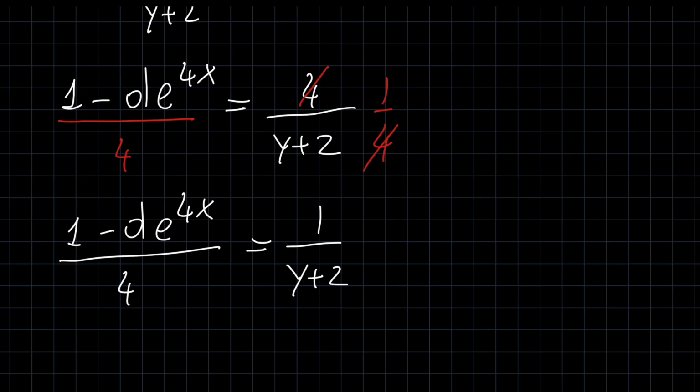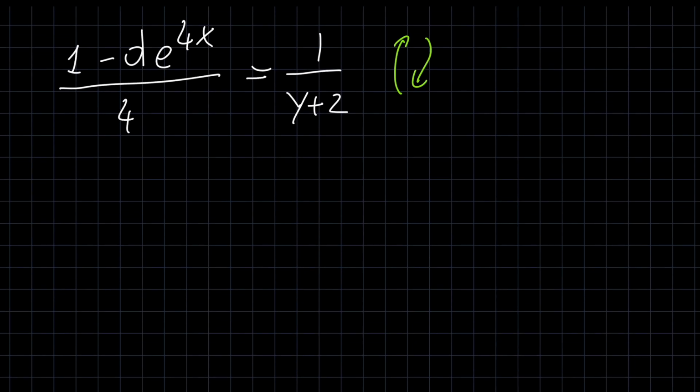Now I flip. So I flip numerator and denominator on both sides, getting that 4 over 1 minus d e to the 4x is equal to y plus 2.